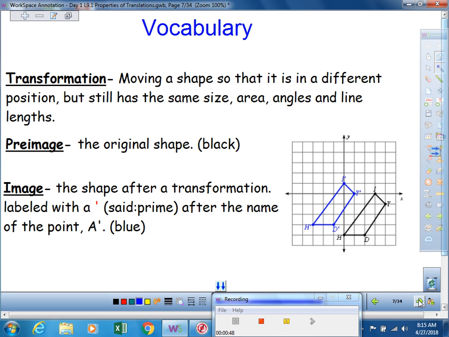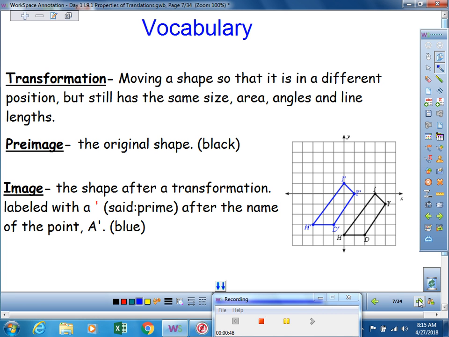All right, so a transformation, remember, all of these things that we're going to do are transformations. They just move a shape so it's in a different position, but still has the same size, area, angles, and line length. And then the pre-image is your original shape.